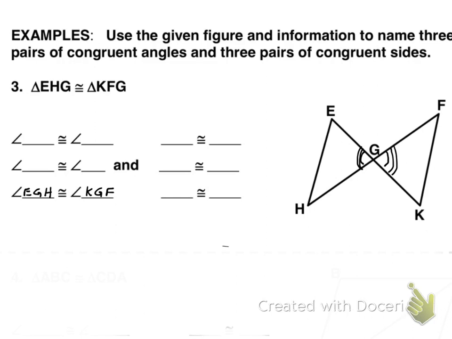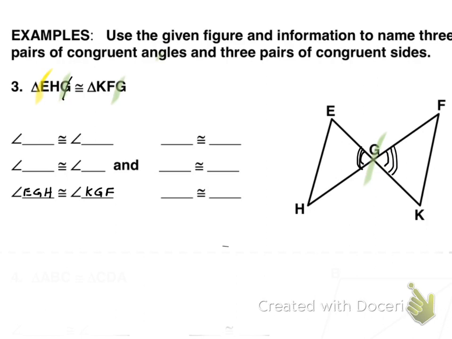So if we go back and look, we're going to notice in the name, we know that G matches G. Use highlighters. G and G, that's right here. Those are shared. But then we have to check our name to see which of these others are actually the congruent angles, because it kind of looks like they could just flip over, but we're not sure.